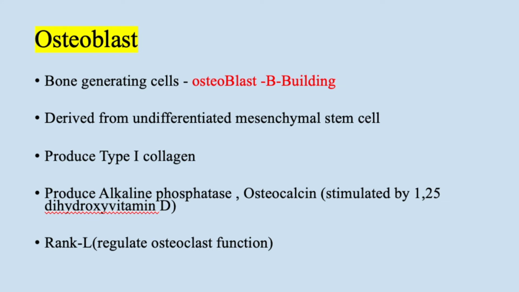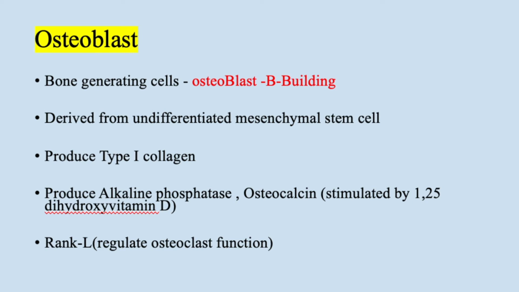Osteoblasts. Osteoblasts are the bone generating cells, B for building, you can remember. They are derived from the undifferentiated mesenchymal stem cells. They produce type 1 collagen, alkaline phosphatase, and osteocalcin, which is stimulated by 1,25-dihydroxyvitamin D. Osteocalcin and alkaline phosphatase are markers of bone formation.